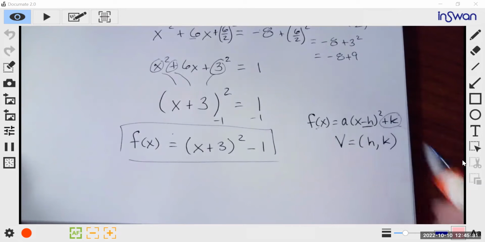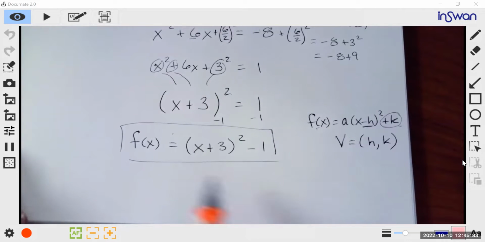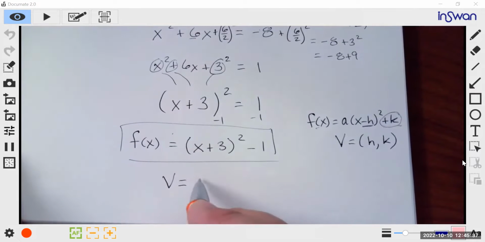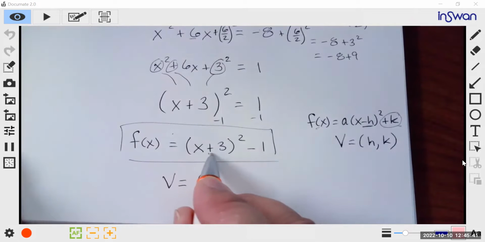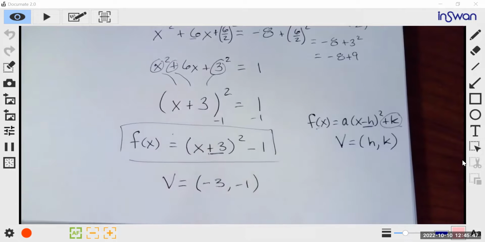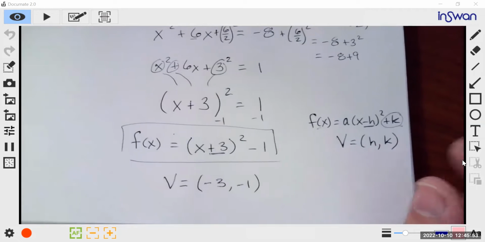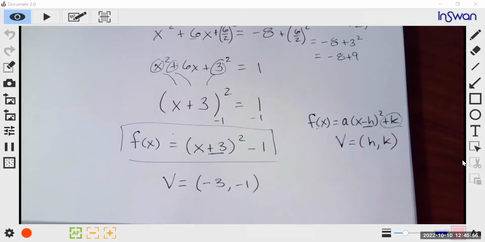Outside, it's always what it is. So the vertex here is what? Opposite sign: negative 3, and then -1. That's the vertex. Okay, so we found the vertex.